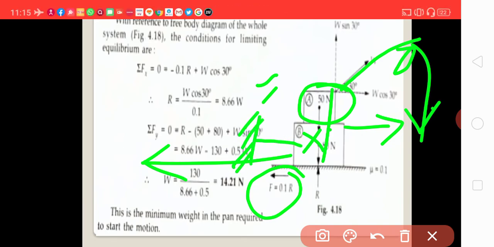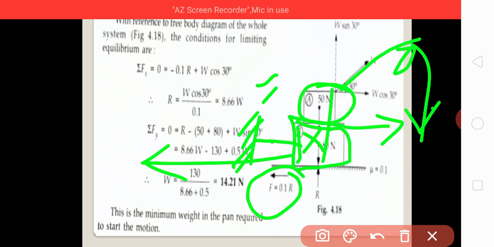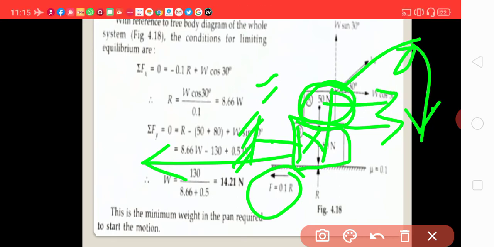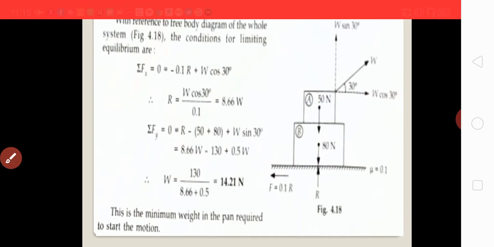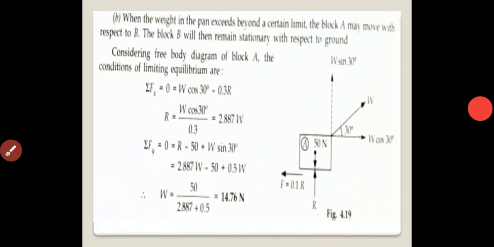Then only the upper block can move over it. So just keep this block tied in position and make a free body diagram for block A. You will find the weight required to move this block towards right. This is the second case here.